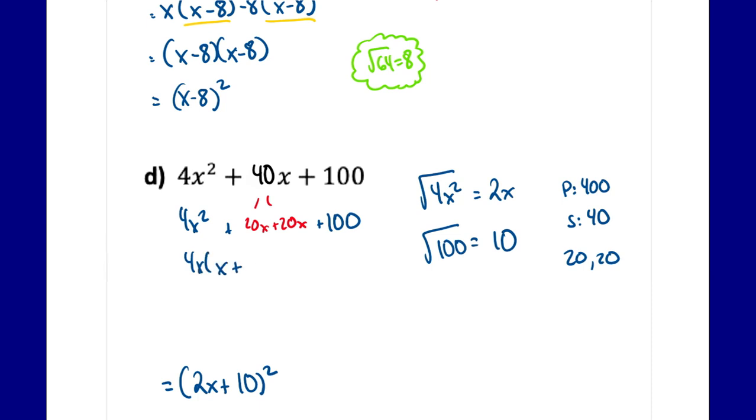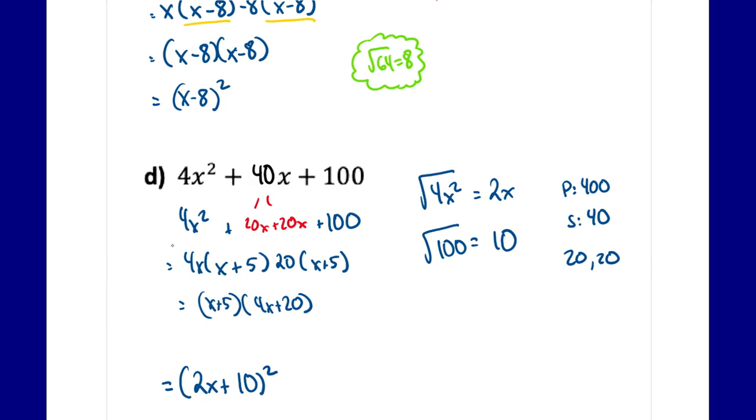We get x plus 5, and then we can take out 20. We get x plus 5. So we have x plus 5 times 4x plus 20.